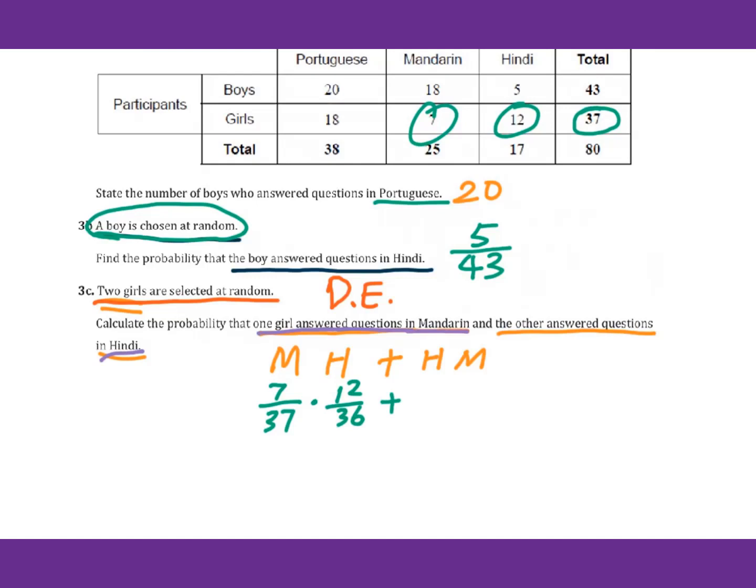Then plus, if the first girl answers questions in Hindi, you will get 12 over 37 times, and your denominator decreases because this is a dependent event. Among 36 girls, how many of them answer questions in Mandarin? It will be 7.